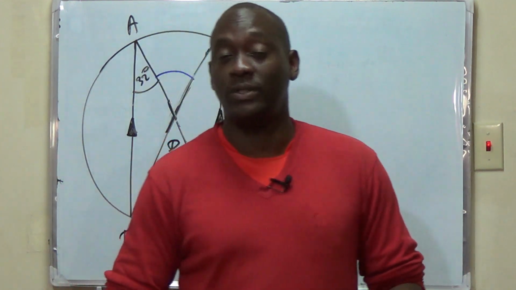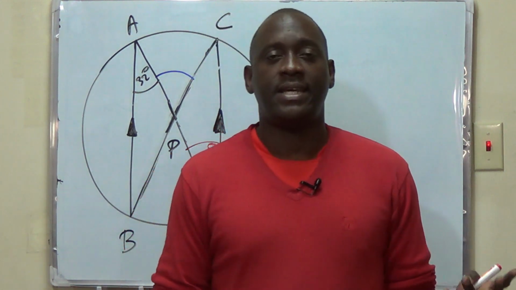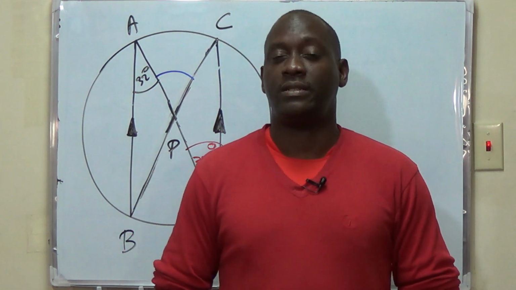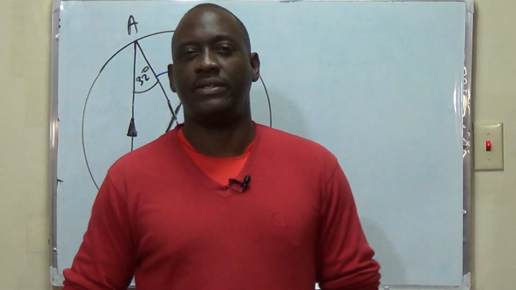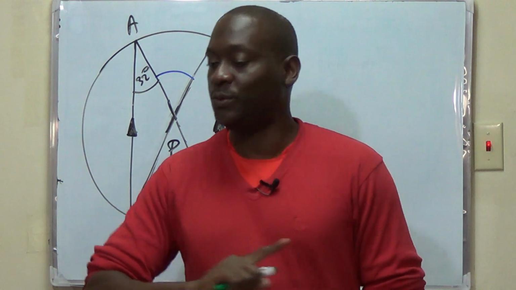That does not work. Same thing with the angle, as I tell my students all the time. Many times when we do the circle geometry question, there will be an angle that looks like 90 degrees. And they will start working as if it's 90 degrees. And I will tell them, no, don't do that.